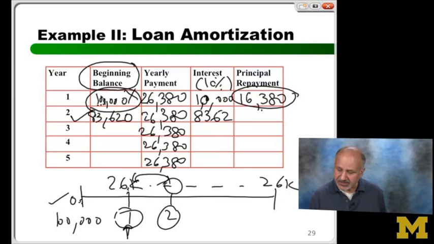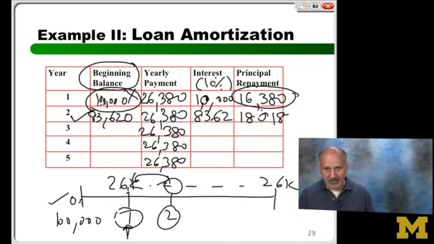So if I paid back 16,380, how much am I paying back now? More or less? The answer is, if the interest amount has dropped, the repayment amount has to go up, assuming that I'm paying back the same amount, 26K or so every year. So the answer to that is 18,018. For the ease of saving time, I've just done these calculations ahead of time.